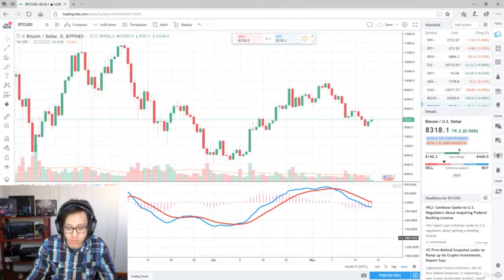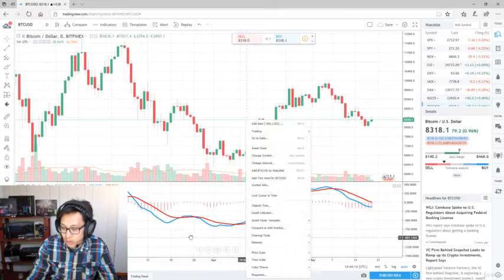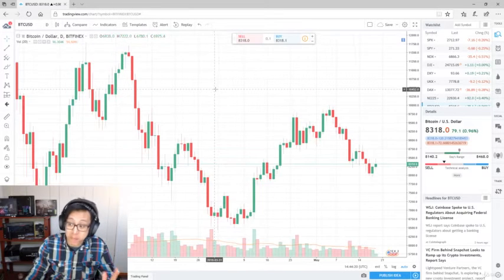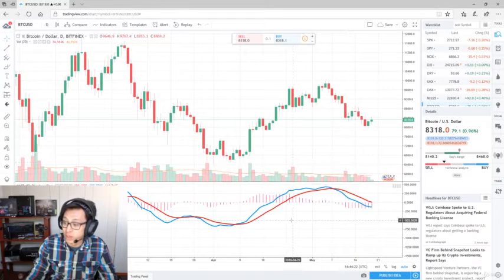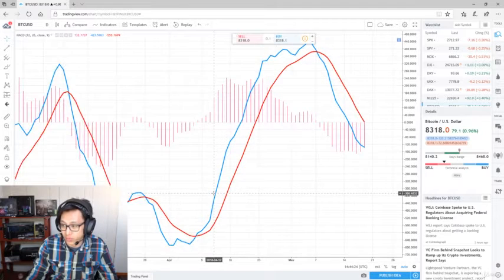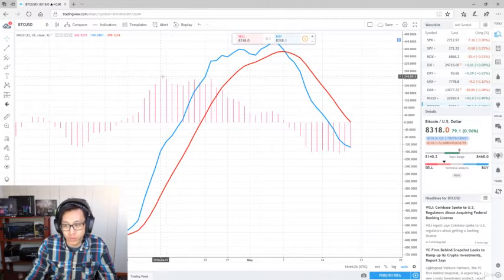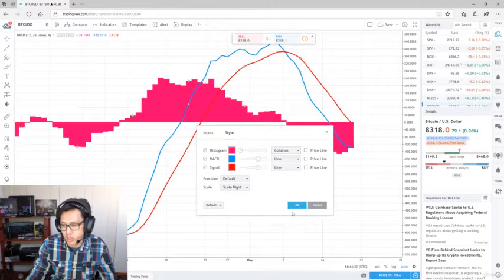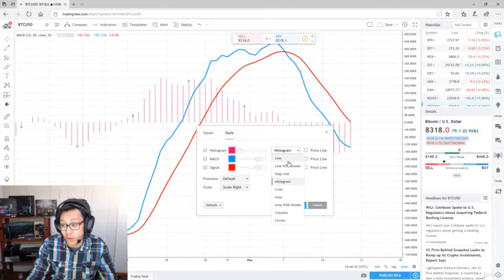Don't mind the sound in the background, guys, I've got company. Once again, double click on here and it'll maximize to a full screen. The histogram will just tick up and down, but what I think is better is the column because it's just easier to spot. Wouldn't you guys agree? Keep it on whatever you guys like. Do not keep it on the line.